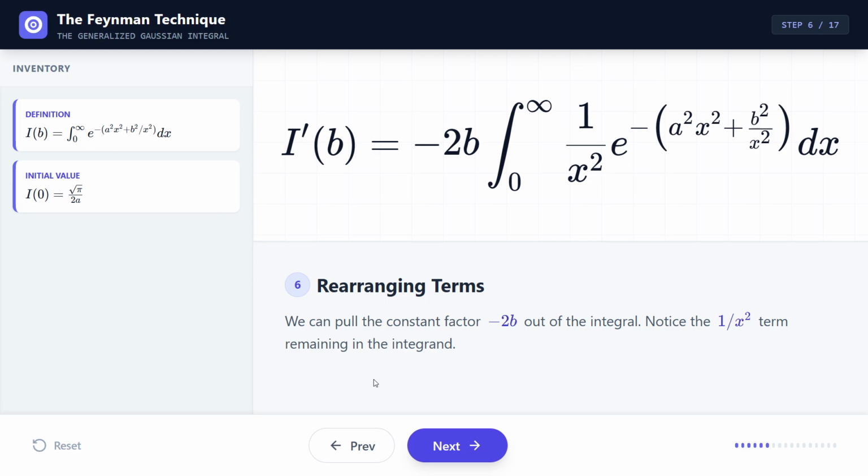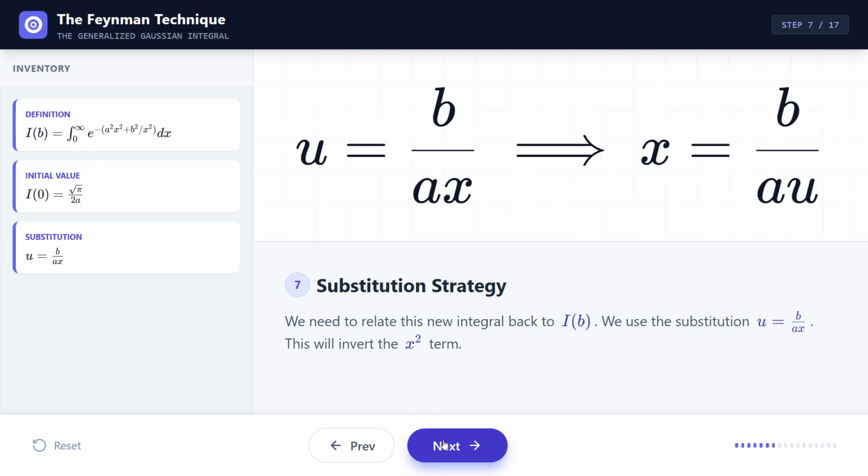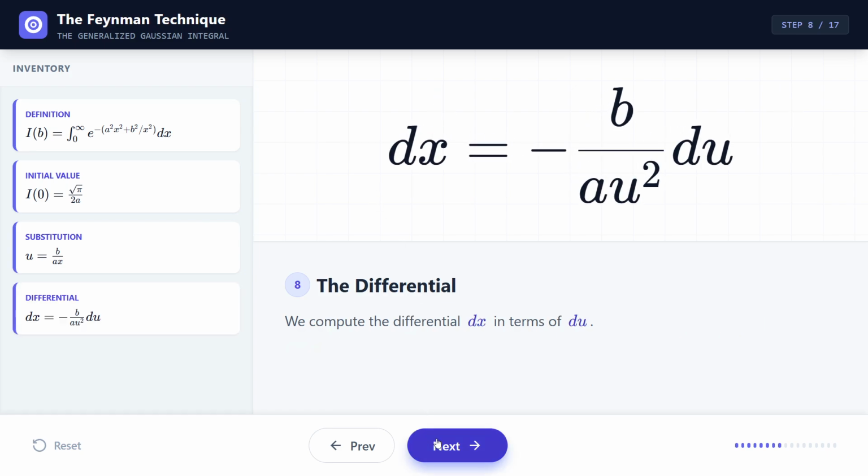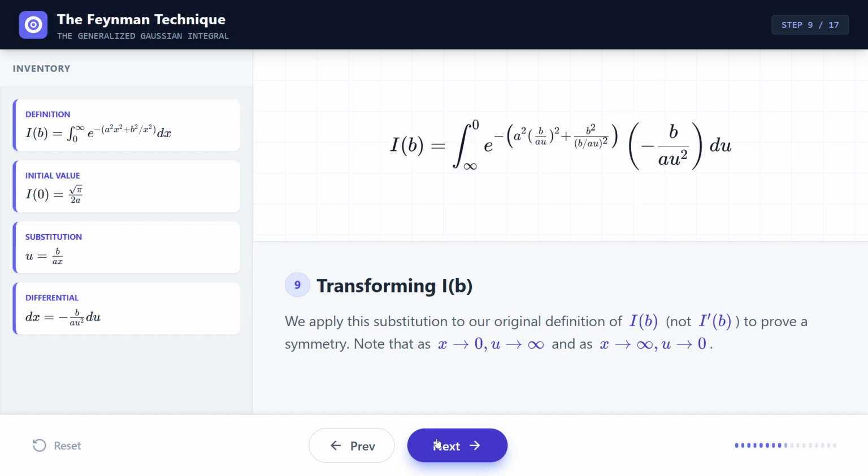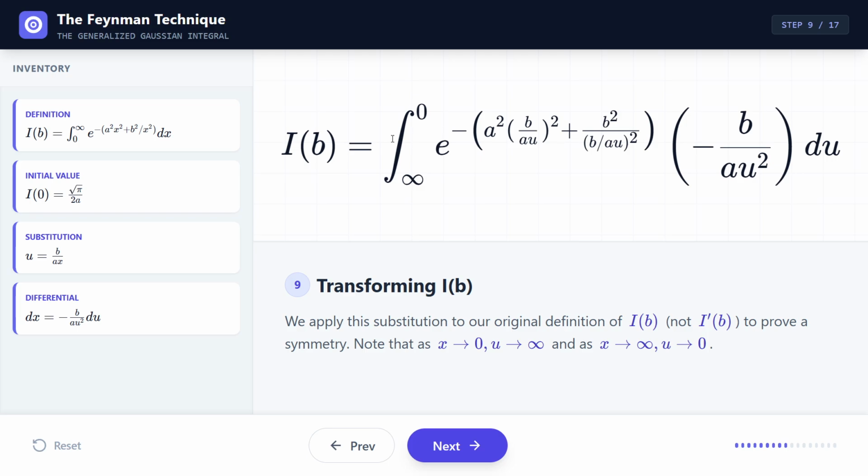But we're going to perform a substitution on our original I of b, and that is u is equal to b over ax. And that implies x is equal to b over au. And dx is negative b over a u squared du. Plugging that into our original I of b, this is the equation that we have.